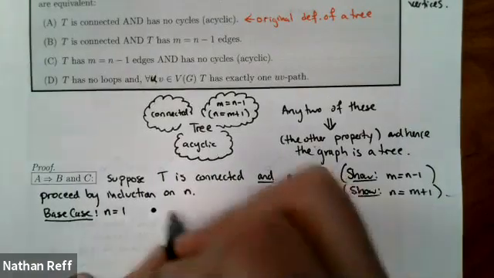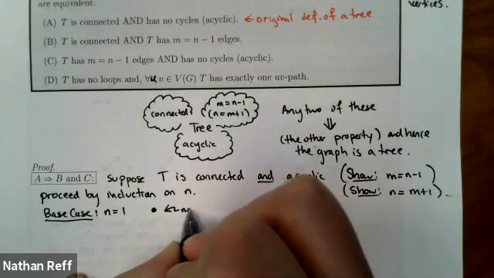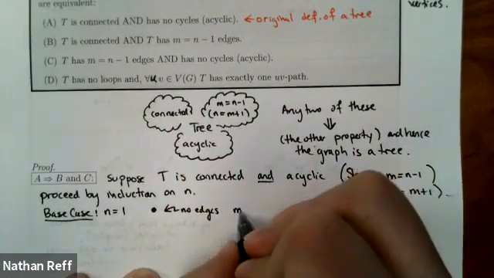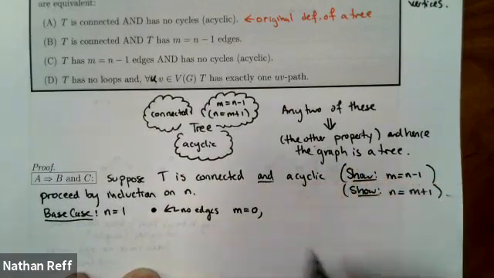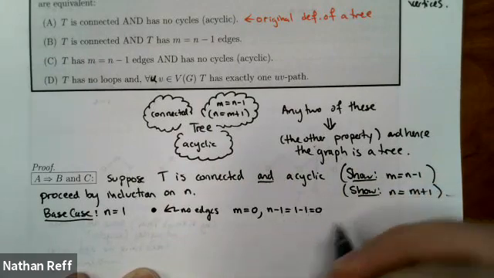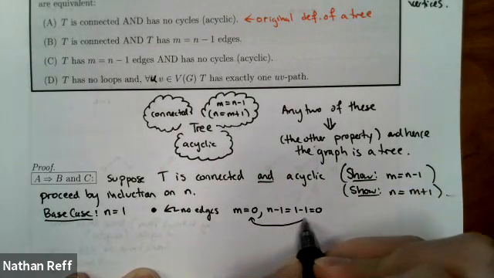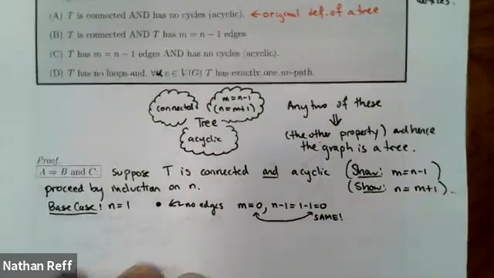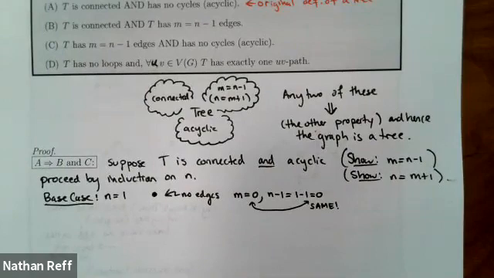Do you agree that this has no edges? And what is m? m is equal to 0, and n minus 1 is equal to 1 minus 1, which is 0. So these are the same. That's pretty easy, right? Now you've got to do the hard stuff.